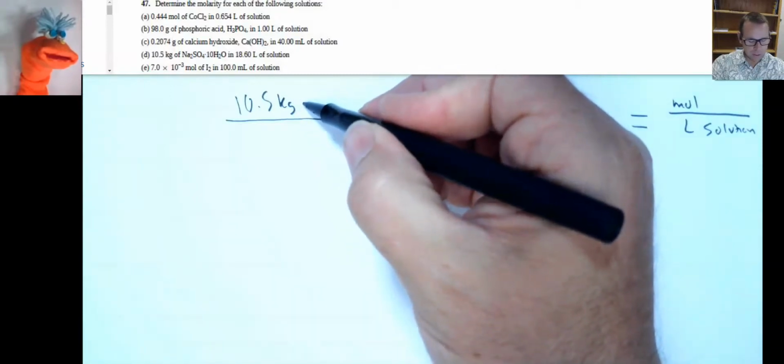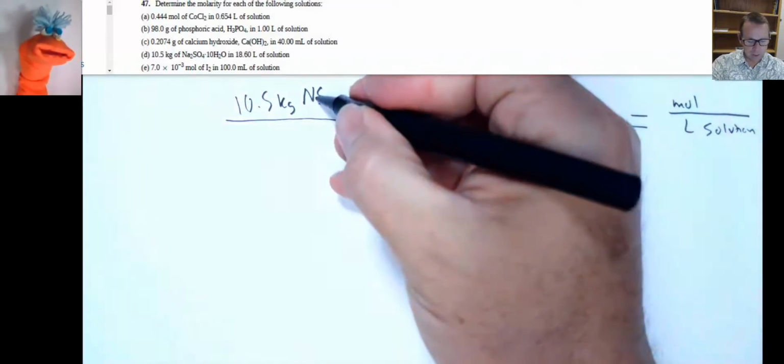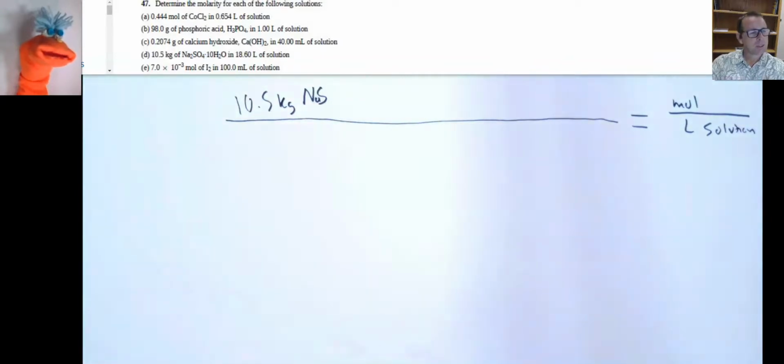This is a long one. I'm just going to say sodium sulfate. But it's a decahydrate, so let's see if we can find the molar mass of sodium sulfate decahydrate. 322.19 grams per mole, according to some information I found on EMD Millipore.